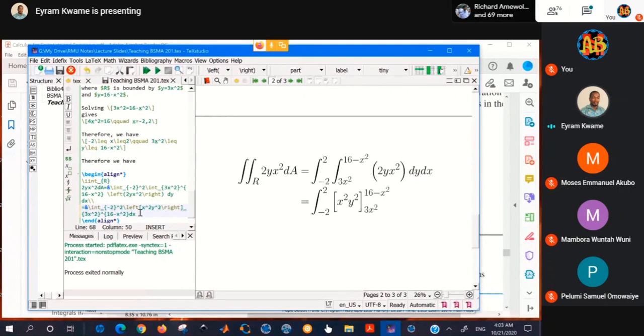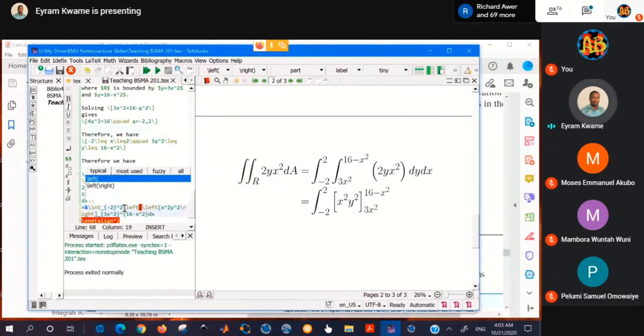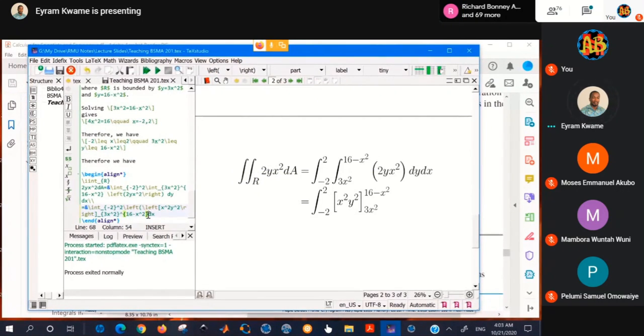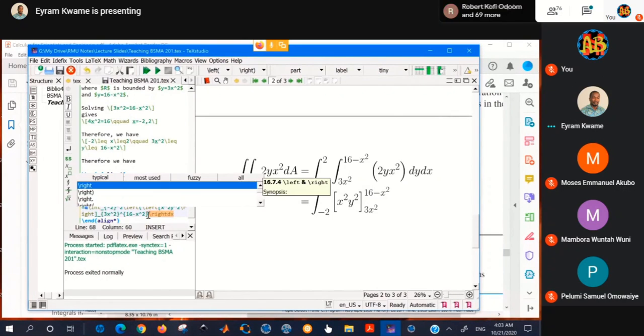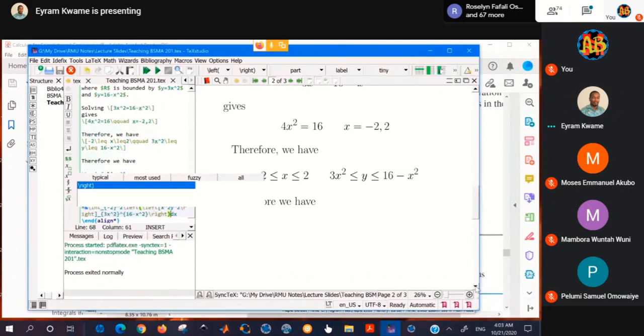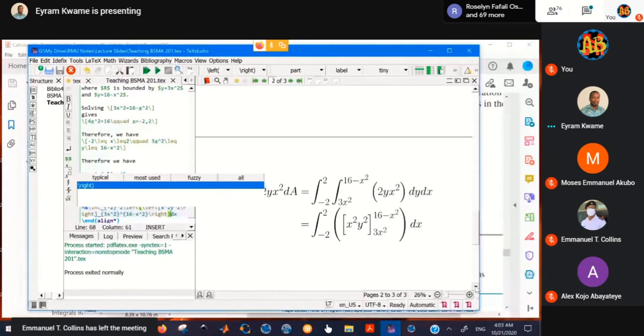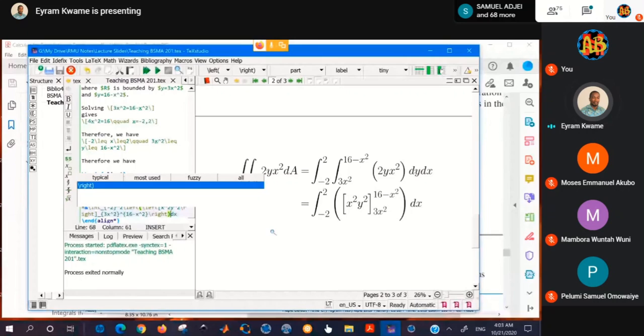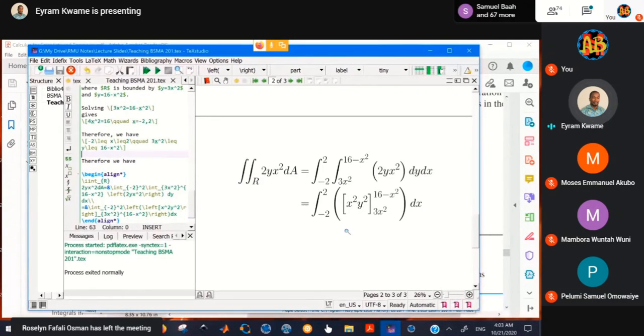Good. So I have a situation where I have just integrated with respect to y, and when you integrate this with respect to y, you're going to get x squared y squared.